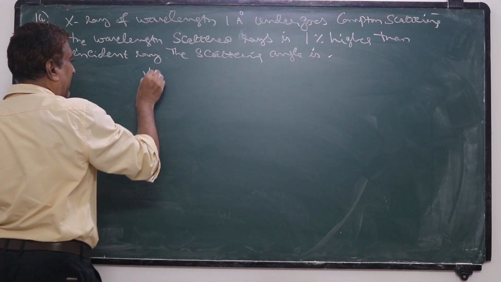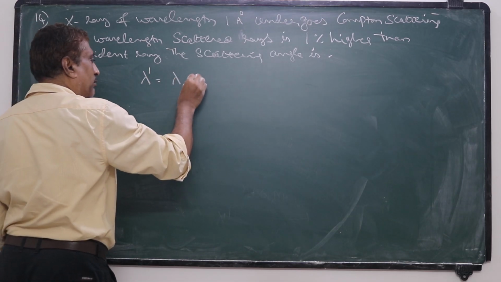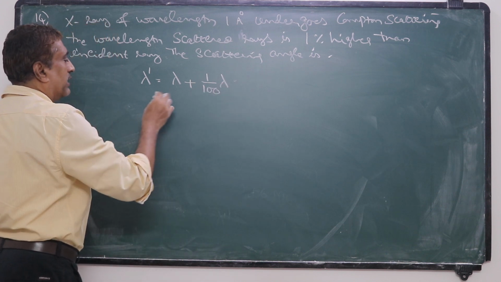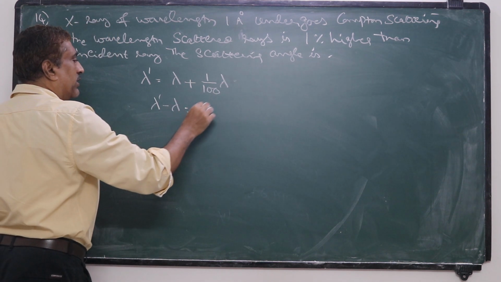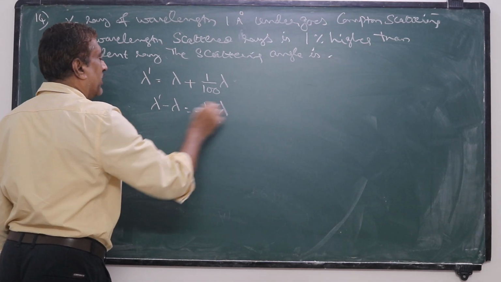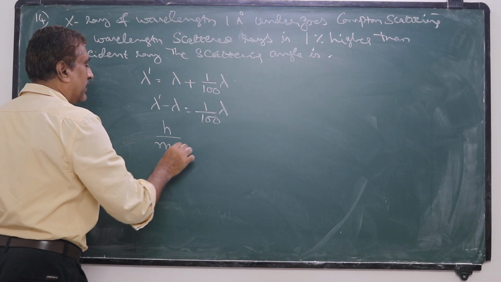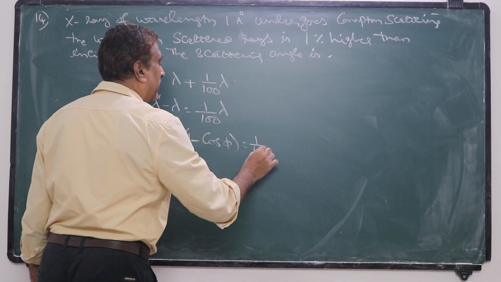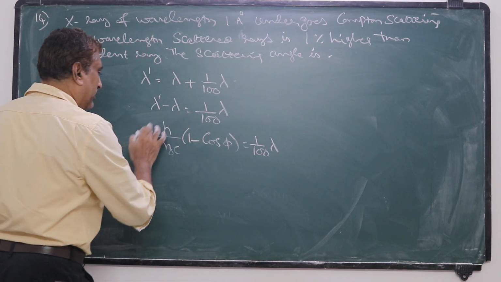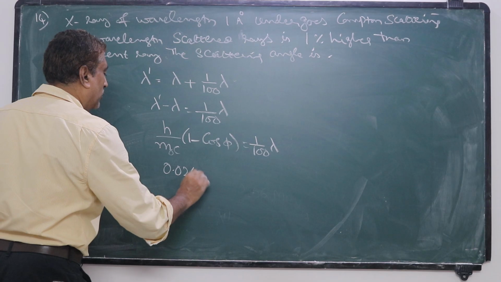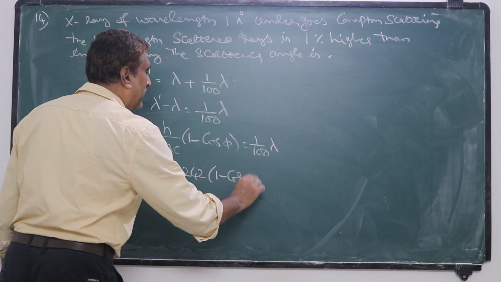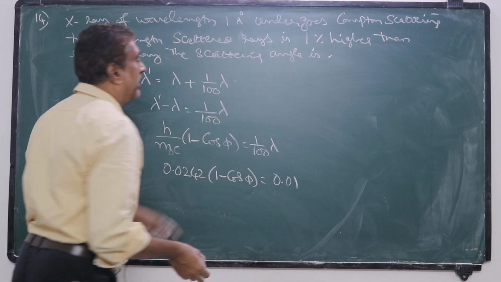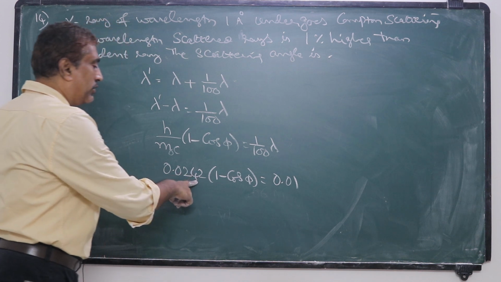So given that delta lambda is 1% of lambda, from this we can write lambda dash minus lambda equal to 1 by 100 of lambda. But this is h by m naught c into 1 minus cos phi, equal to 1 by 100 lambda. That is, 0.0242 into 1 minus cos phi is equal to 0.01, since lambda is 1 Armstrong, so this is also in Armstrong.